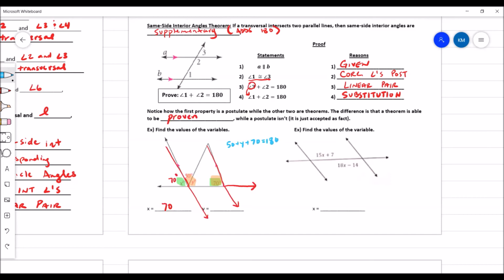Notice that I did not cut it off at this line. This line being here was more of a distractor than anything that helped us out. It didn't matter, because this whole angle is inside and this whole angle is inside. Okay, so 50 plus y is that whole angle. So we got 120 plus y equals 180. Subtract 120, y equals 60.